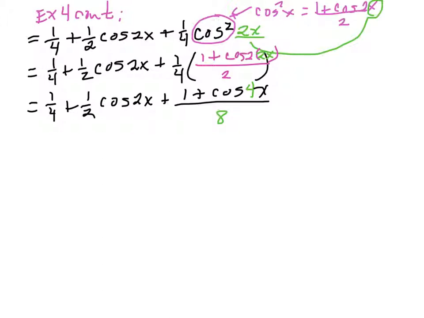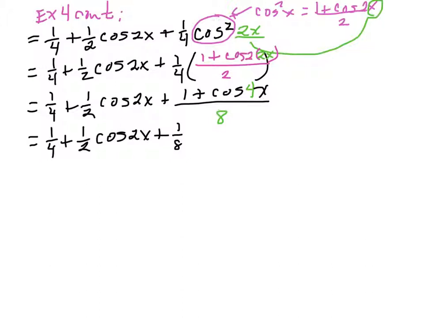Almost done. We have 2 more steps. Don't I still have a term that's a fraction? We have to get rid of that. So in order to get rid of that, can't I take each of these terms here and divide them by 8? So here we go. Equals 1/4 plus 1/2 cosine of 2x plus, what is 1 divided by 8? 1/8.